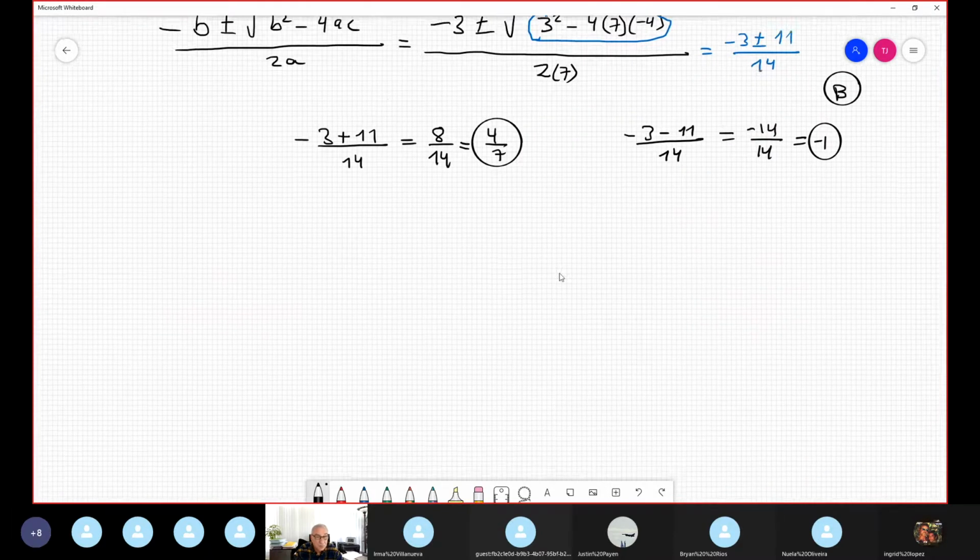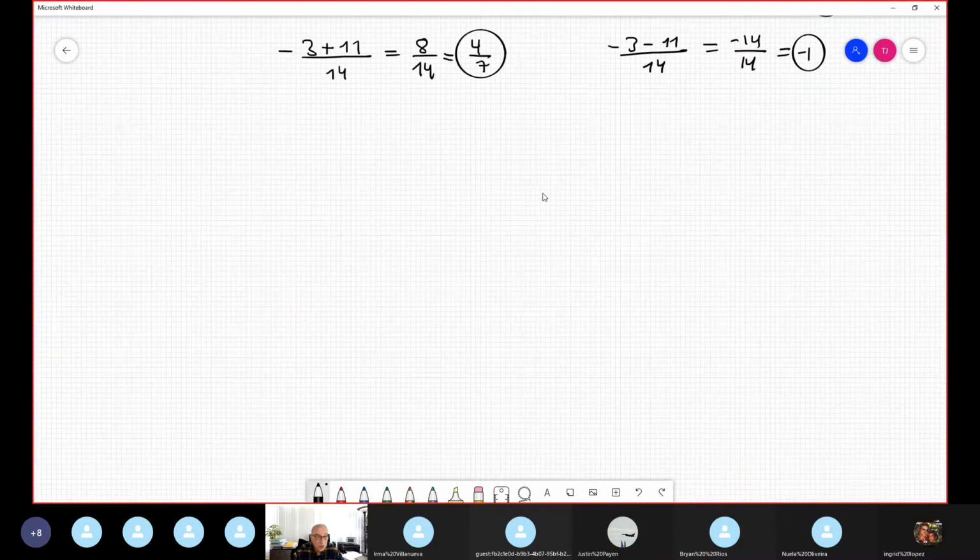Okay, 20. 20 is x squared is equal 7 minus 8x. Es obvio que this example is not expressed in standard.